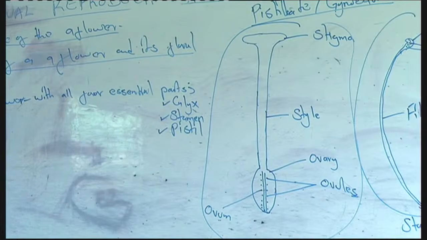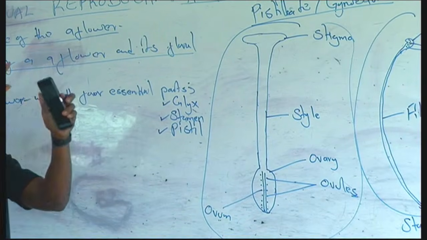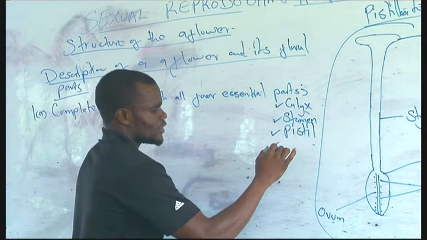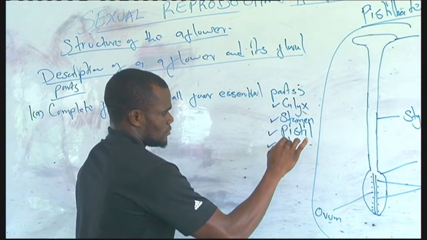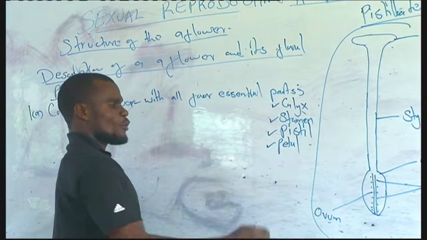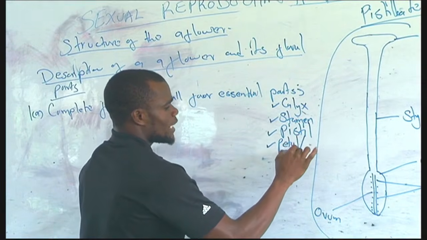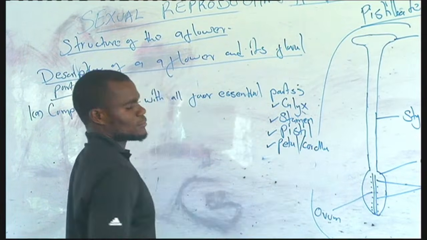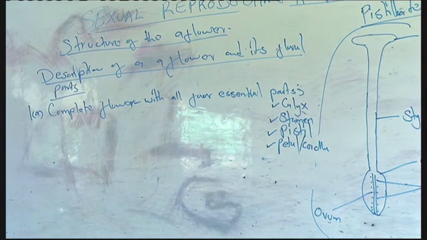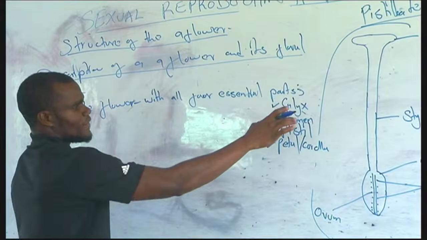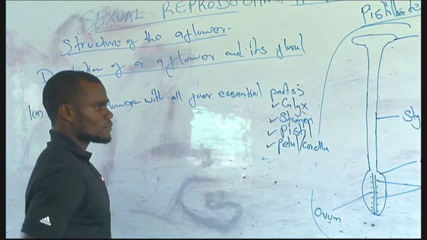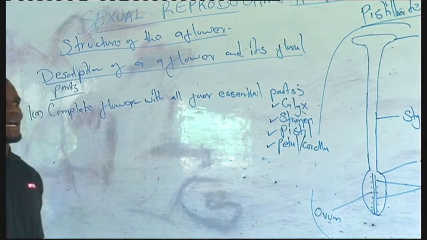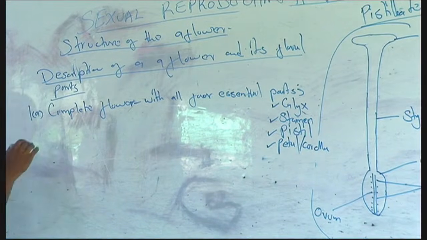And then another floral part is that brightly colored structure of a flower that attracts insects, that is called the petal. But here we'll call it the corolla, because the collection of the petals is referred to as the corolla. So a flower with the calyx, stamen, pistil, and corolla is referred to as the complete flower.